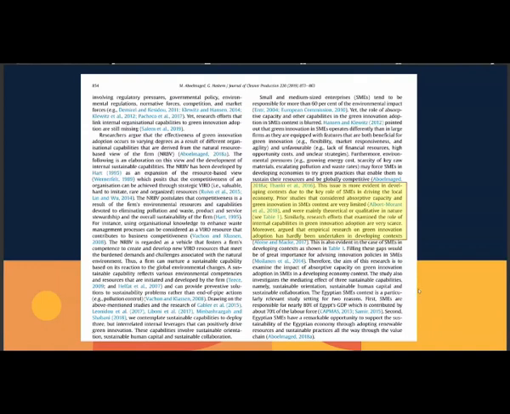So the issue is more evident in developing contexts, given the key role of SMEs in driving the local economy. Prior studies, meaning the previous studies, that have considered absorptive capacity and green innovation in the SME context are very limited.